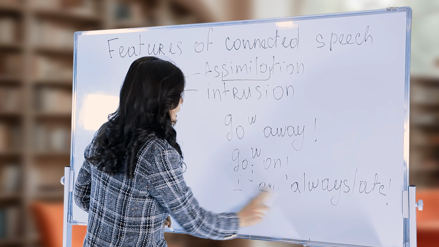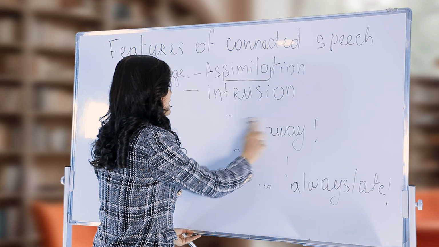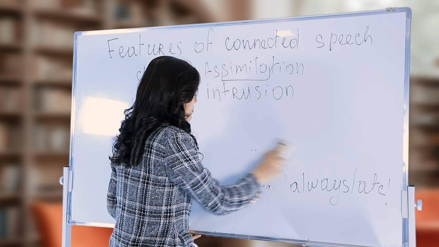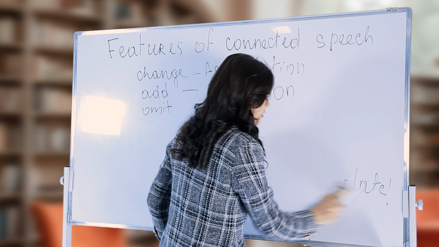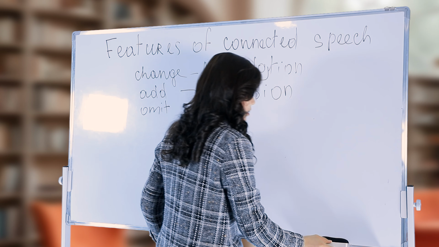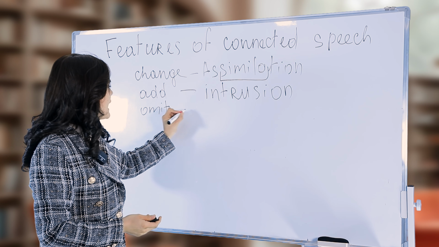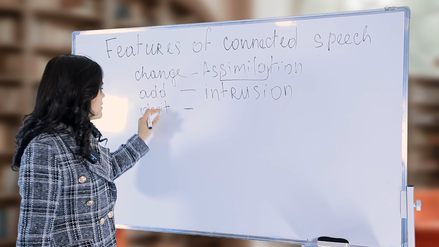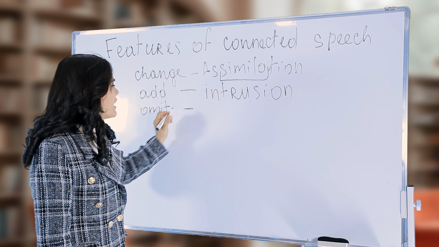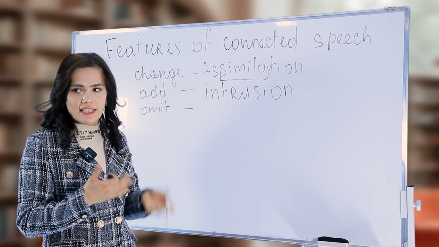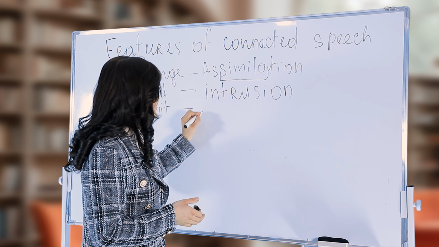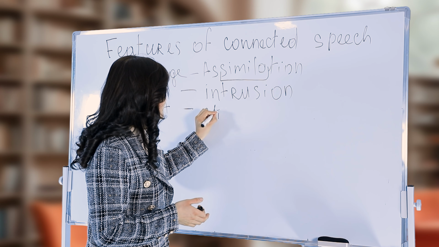Okay, so let's move to the next feature of connected speech. We have looked through assimilation, intrusion, and now the process when you omit some sounds in your connected speech. It is called elision.